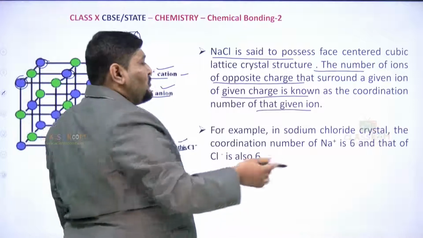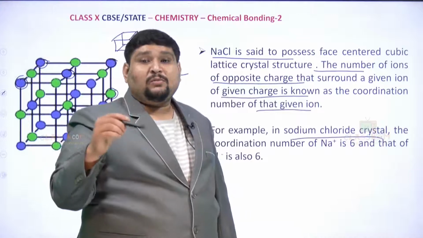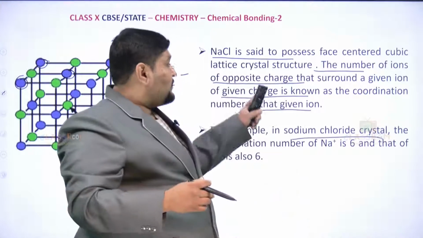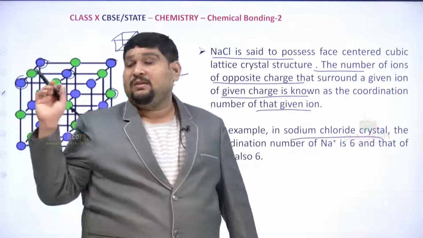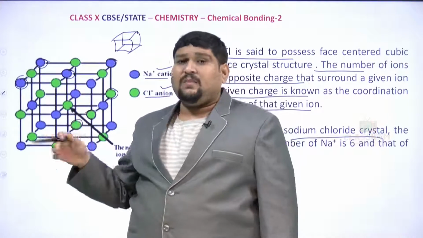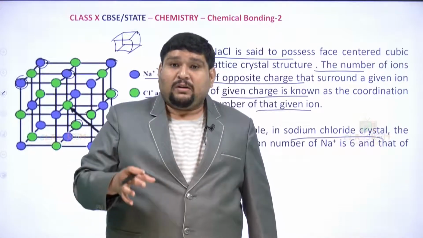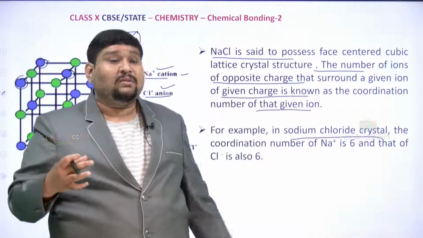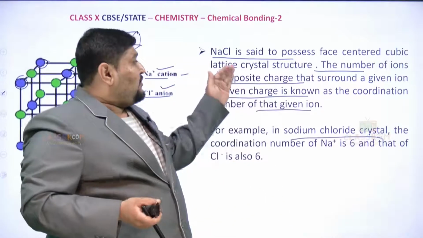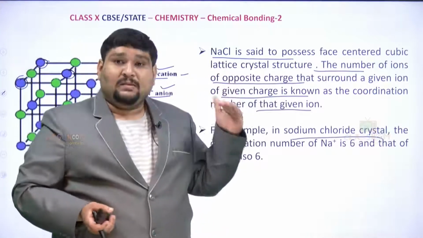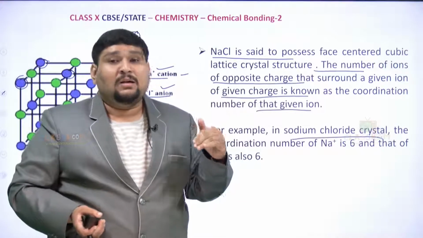When you look at sodium chloride crystals, this is a face-centered cubic structure where the oppositely charged chlorine ions, being electronegative, equally surround the positively charged sodium cations. So it is also an ionic bond example, found with the face-centered cubic lattice crystal structure, where each ion is surrounded by oppositely charged ions, and the coordination number is something you will learn in your coming higher classes.